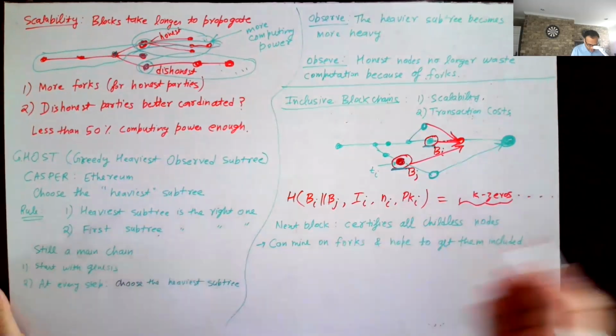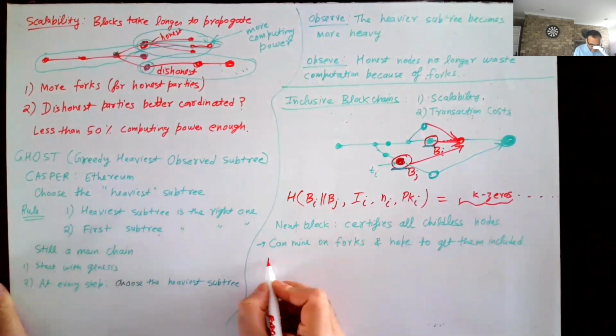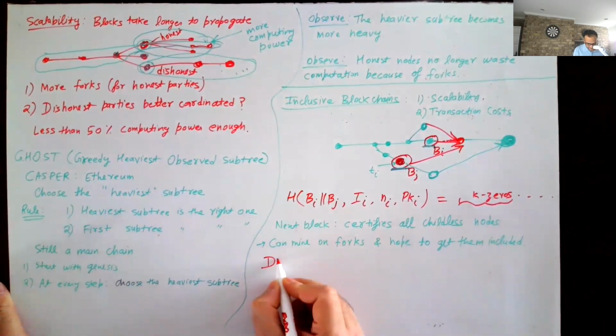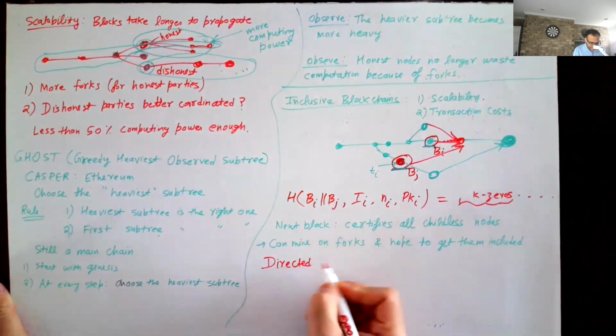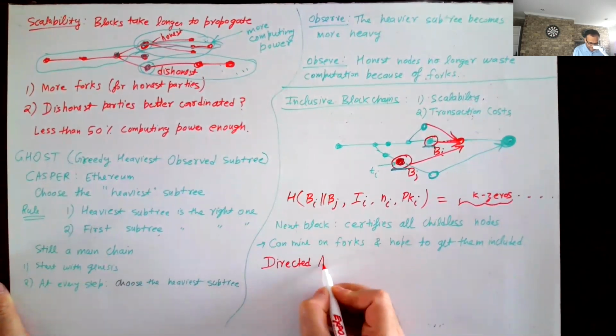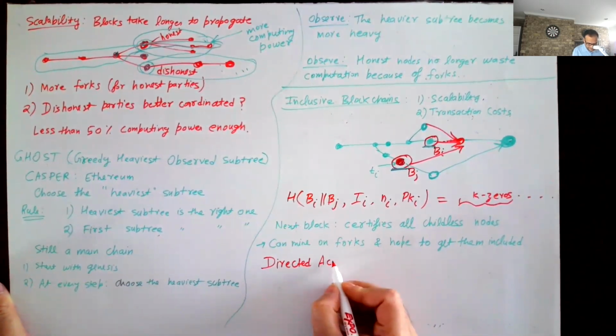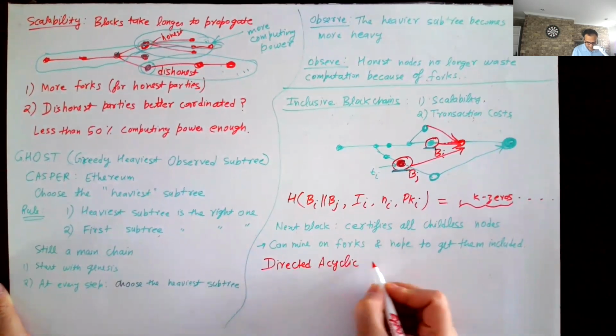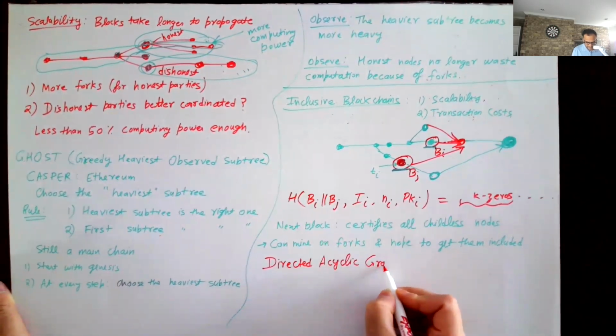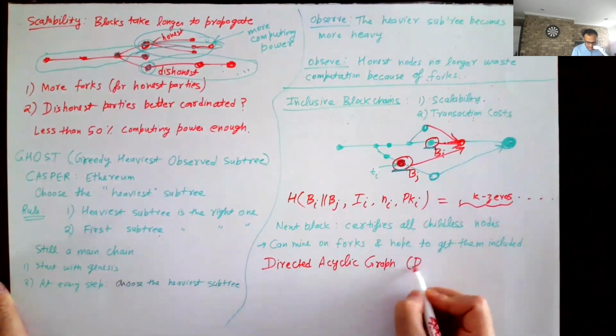So this leads to a structure which can be seen as a directed acyclic graph, or a DAG.